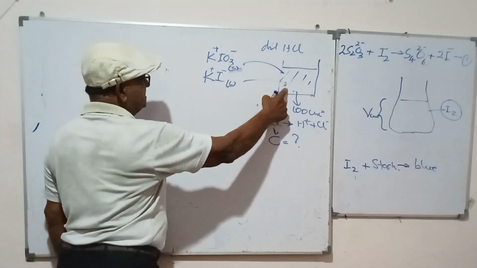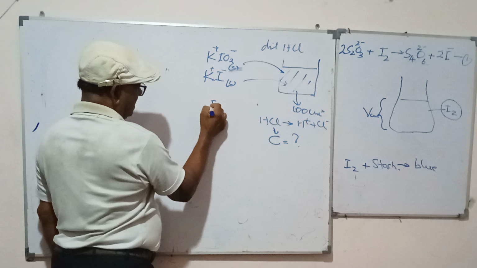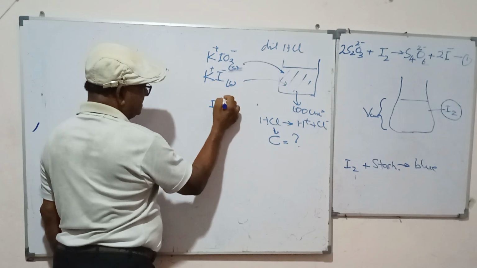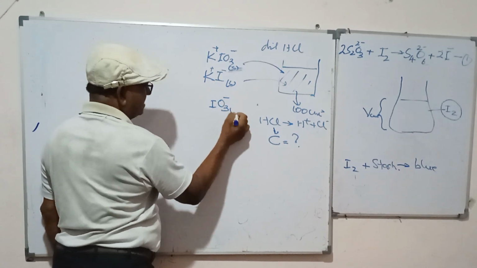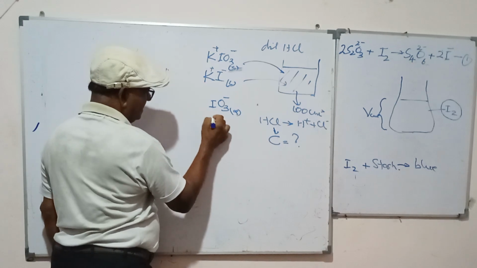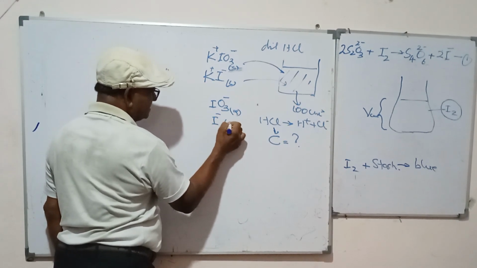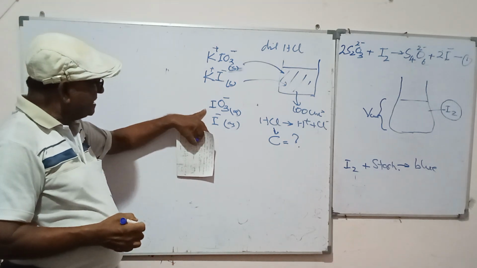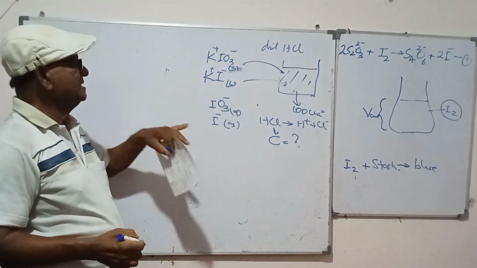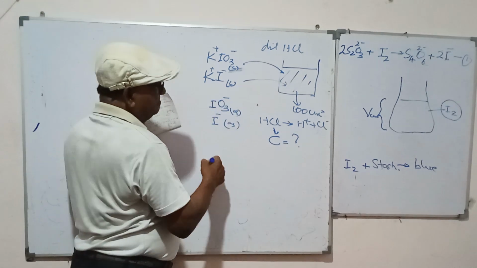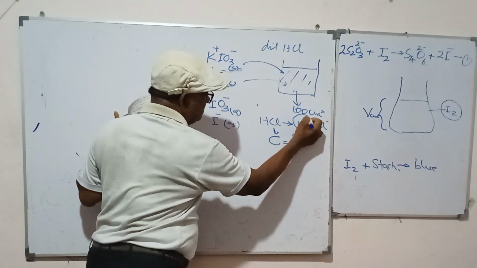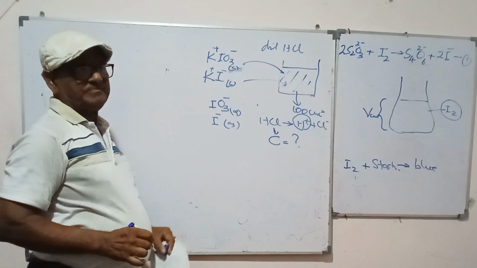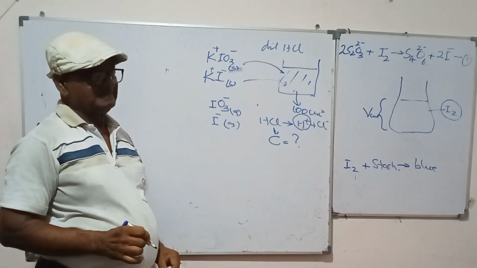Now this solution contains IO3 minus ions aqueous and I minus ions aqueous. They are present in the solution. What is the medium? H plus medium, acidic medium.